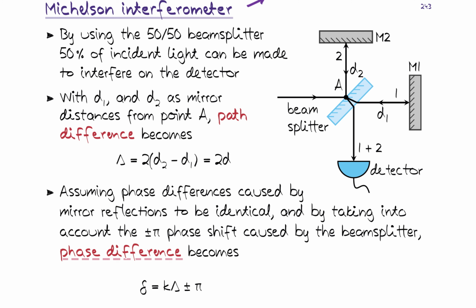And let me stop now and just say here, where do we get this strange plus minus pi phase shift caused by the beam splitter? Essentially, when a ray of light is being reflected, that will give an additional phase shift. If you smart people are actually listening, you might say that in the chapter regarding propagation, recalling Fresnel's coefficients, these phase shifts actually depend on the input polarization.